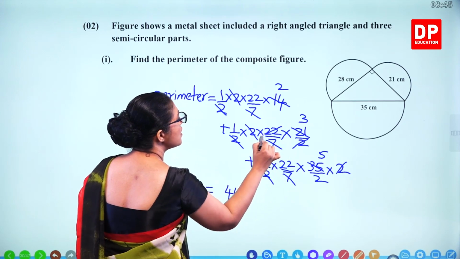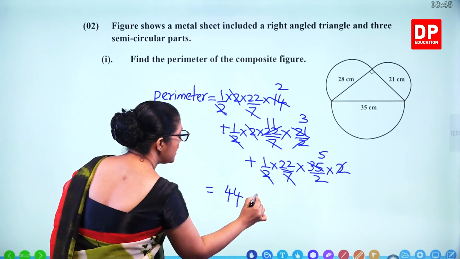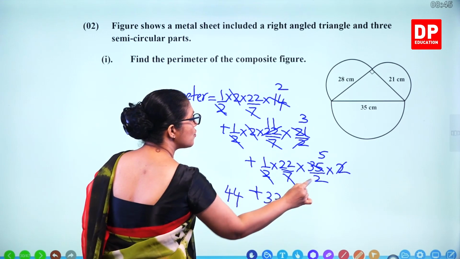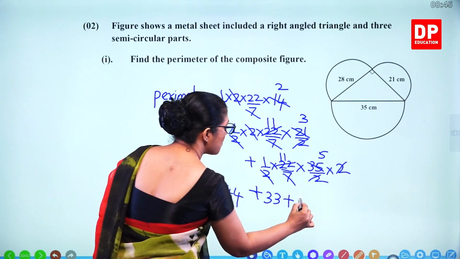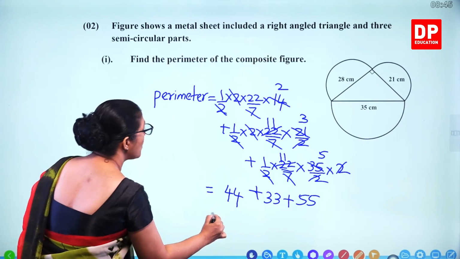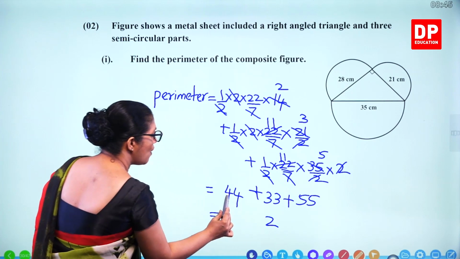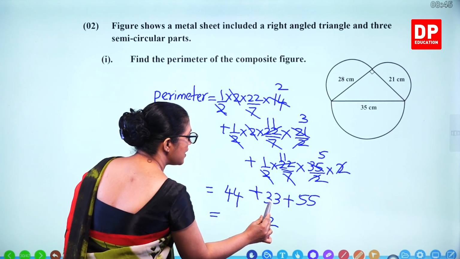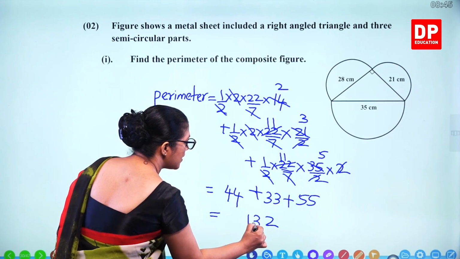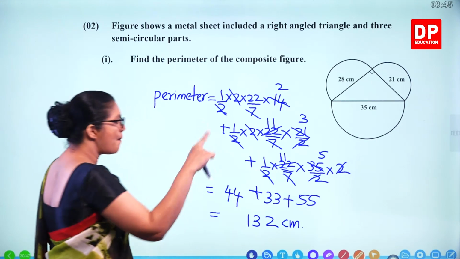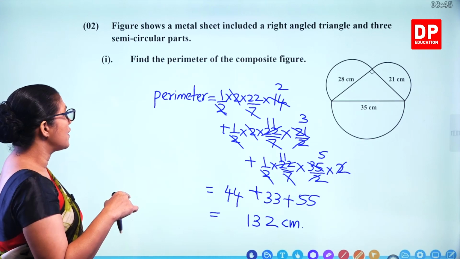Here 2 and this 22, 11. 11 times 3, 33. Here 2 times 11, 11 times 5, 55. So what's the perimeter? 8 plus 4, 12, 1 remaining. 5 plus 3, 8 plus 5, 13. So 132 centimeters is the perimeter of this composite figure.